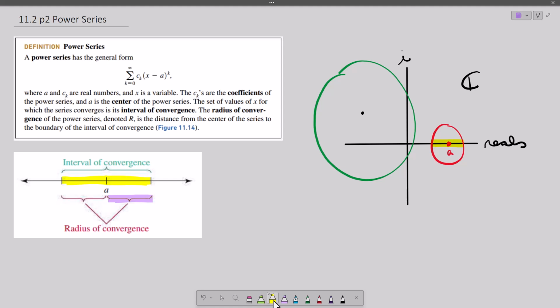But then the endpoints have to be tested separately. It is possible to have convergence where all the yellow is here, and convergence at the left, convergence at the right, or divergence at the right and divergence at the left, or one converges and one diverges. Anything can happen at the endpoints.